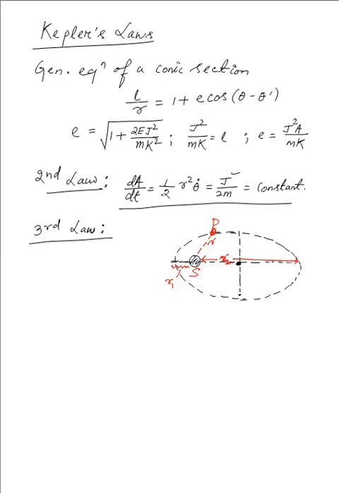So r2 is the aphelion and r1 is the perihelion.